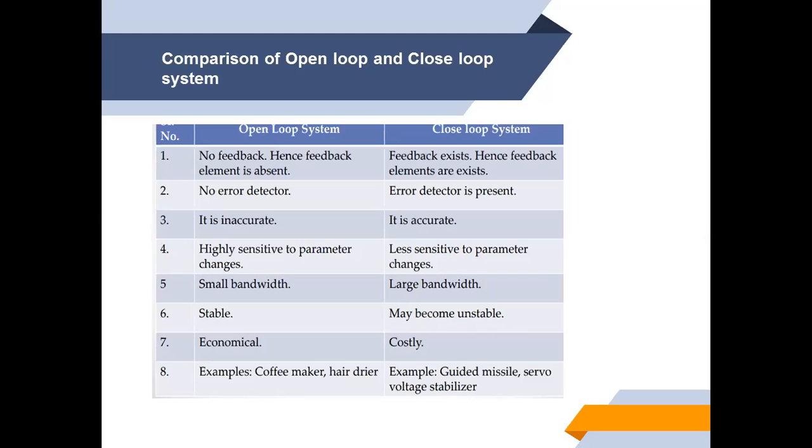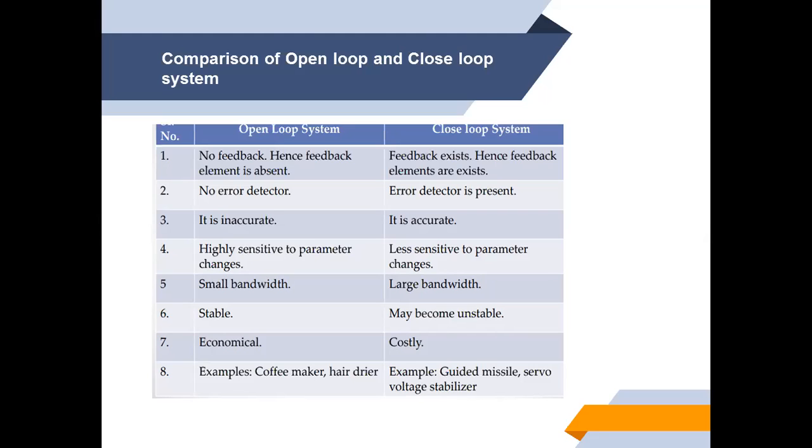Similarly, a hair dryer: whether your hair is dry or wet, if you turn on the timer, it will keep on giving you hot air till the time you press the stop button. Similarly with the coffee maker.